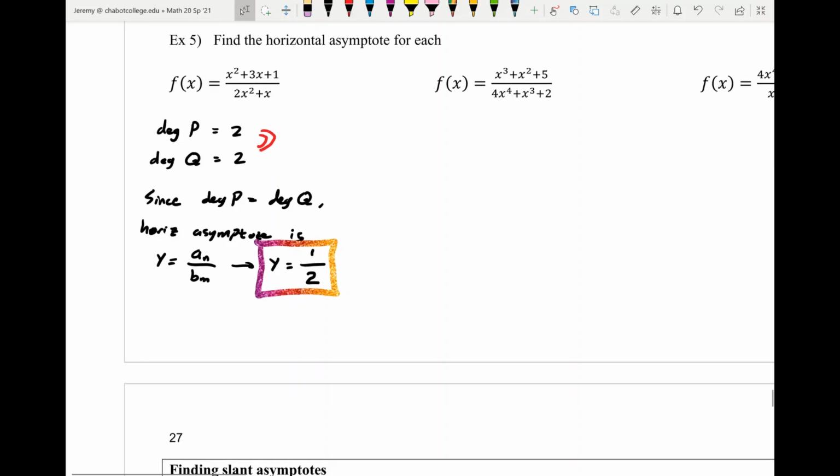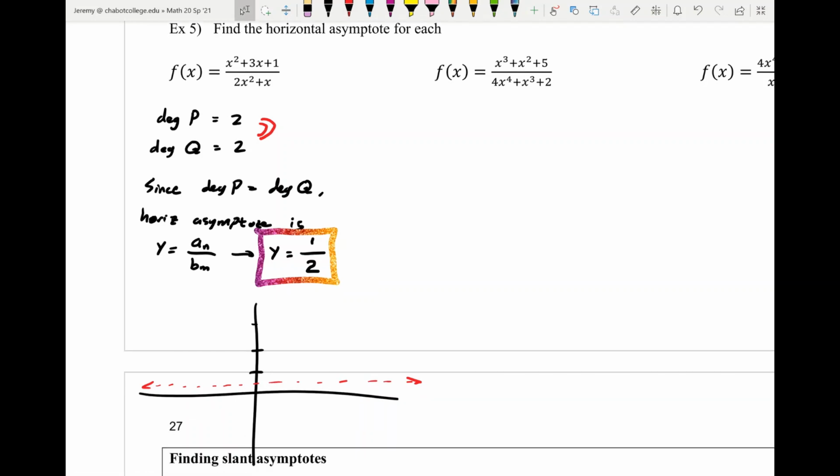If we were to look at the graph of this function here, we're not going to do the whole graph, but at y equals 1/2, we're going to have a horizontal asymptote that goes like that. And if you factored the denominator and solved for 0, you would see that we have a couple of different vertical asymptotes at x equals 0, and I believe at x equals -1/2.